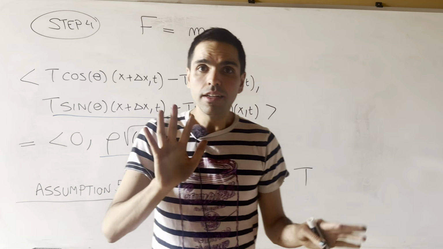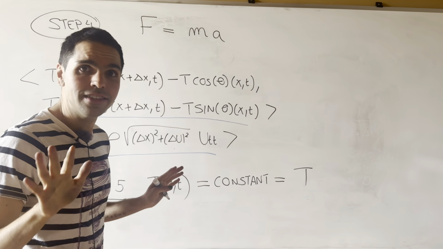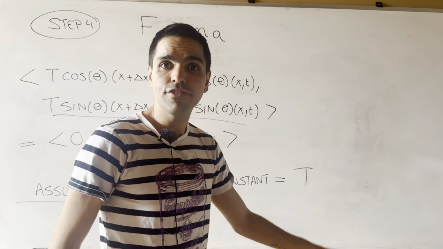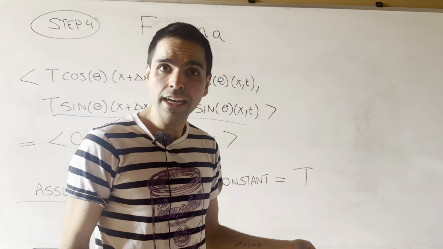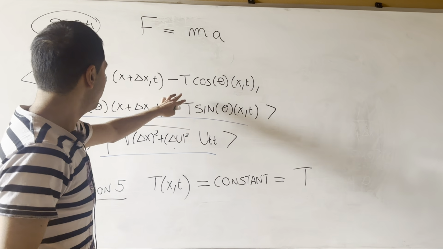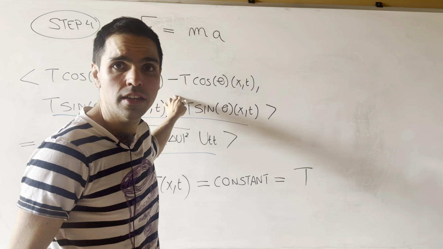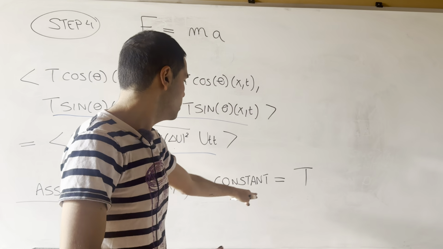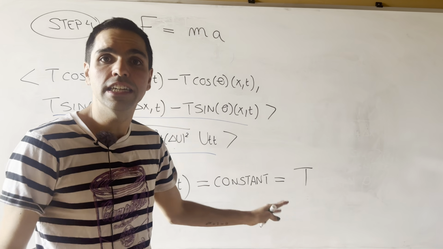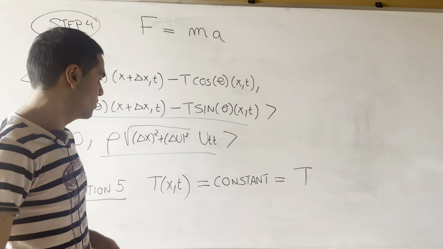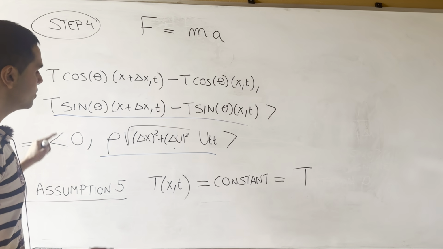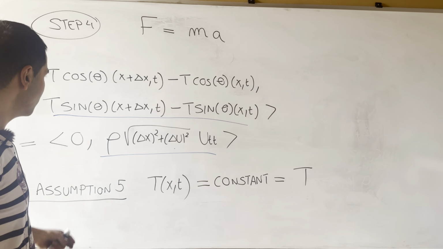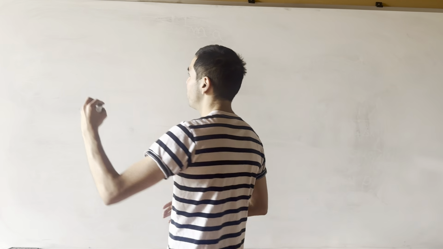And the reason I'm mentioning this is the same thing is valid if T is only a function of x. Because it turns out if you compare the first component, you will see T doesn't depend on x at all. But we still need to assume that it doesn't depend on t either. So for our purposes, we assume it's constant. Okay, now let's compare the second component and see what we get. So now step 5.